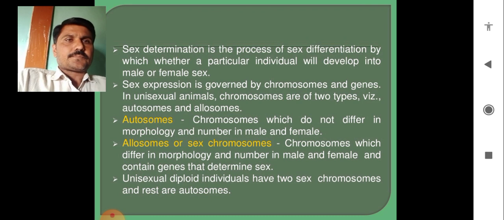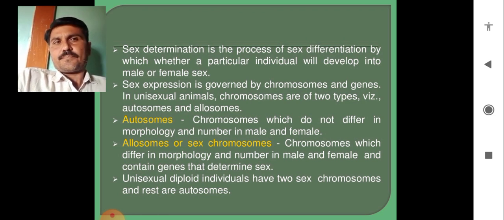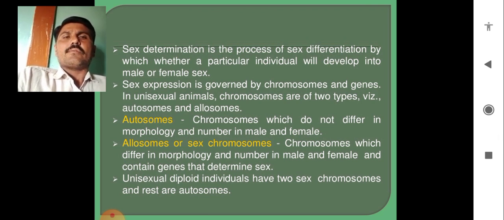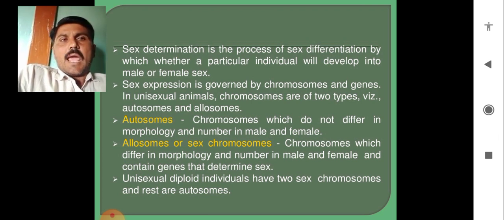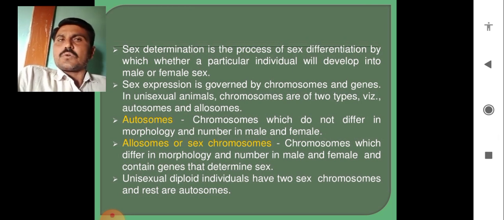Well, when we see unisexual animals, chromosomes are of two types, namely, what are the types? Autosomes and allosomes.